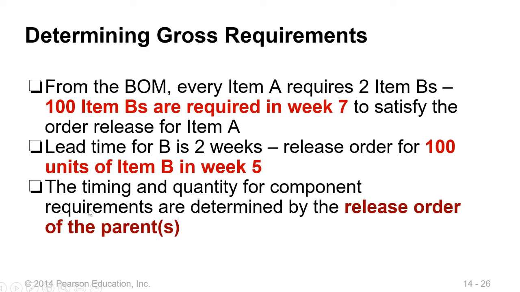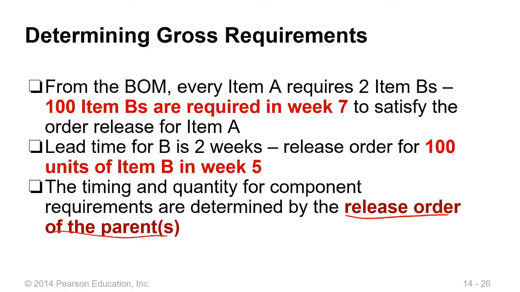The timing and quantity for component requirements is determined by the order release of the parents. So you are actually releasing orders to the parents. Parents are any parts or any item above it.